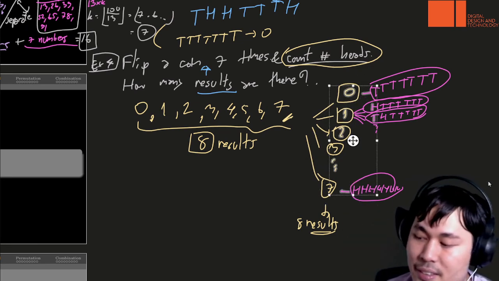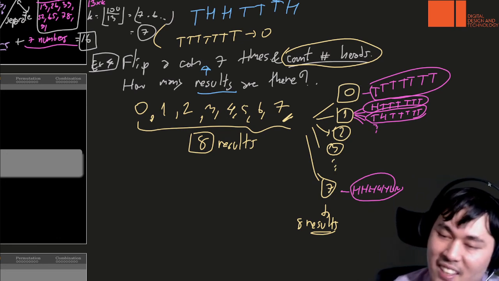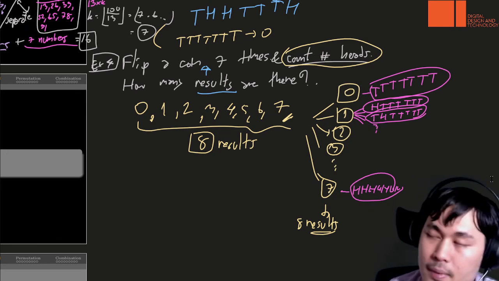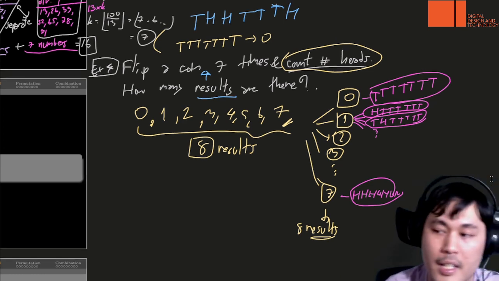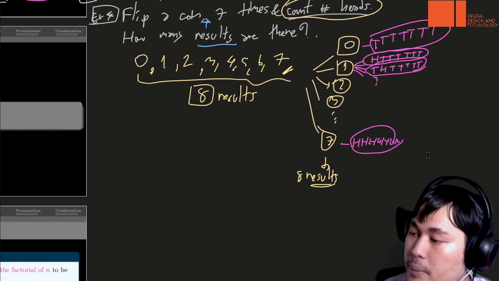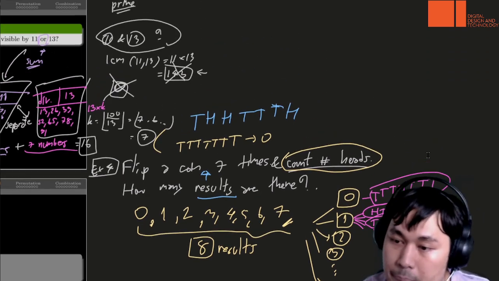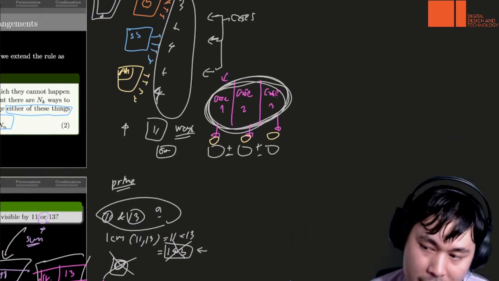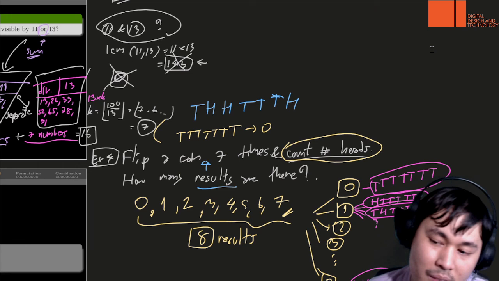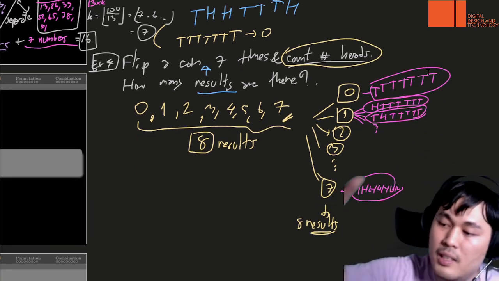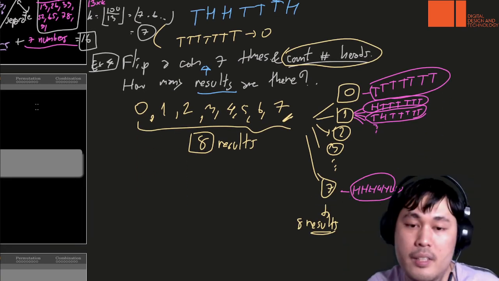There are 8 cases. It's just that each case doesn't have the same number of leaves, or the same number of results in that branch. So that's the rule of sum, in both the simplest way and the not so simple way, in terms of dividing things into cases.